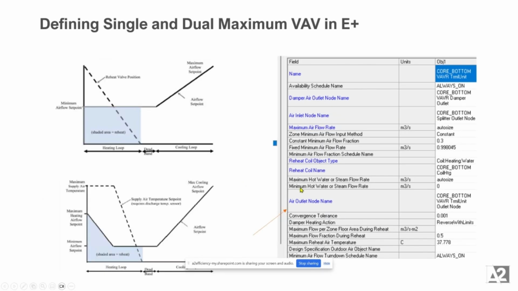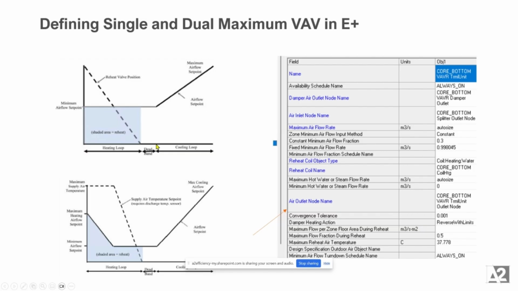And so just to highlight while we're here, all these other controls, I think my little arrow is off a little, but I talked about dual maximum, right? This is a pretty common strategy now. So single maximum would be where we had this minimum fraction. This is a diagram depicting airflow fraction as a function of heating.